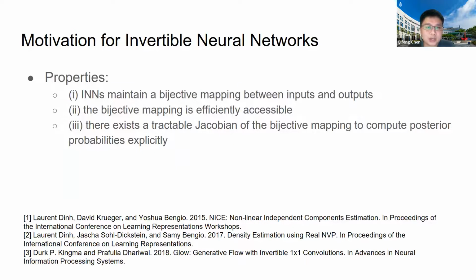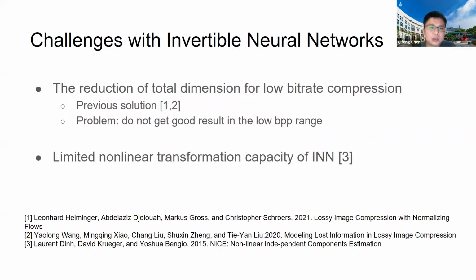There is a very nice property about this kind of network, because we have a bijection between the input and output, and we can compute the forward and backward passes also quite easily. So it can also be used for generative models. There are also some attempts at using invertible neural networks for image compression, but they were not quite successful yet.